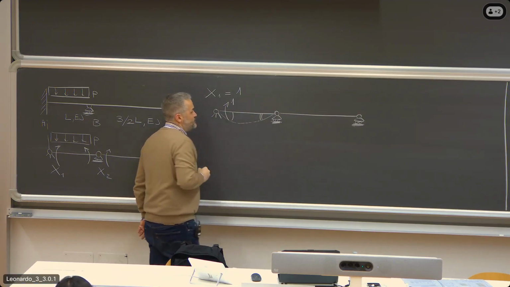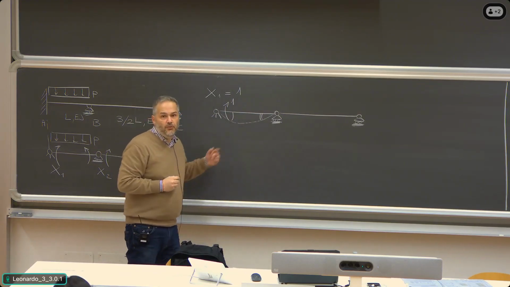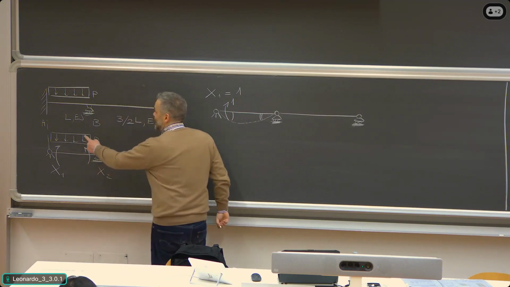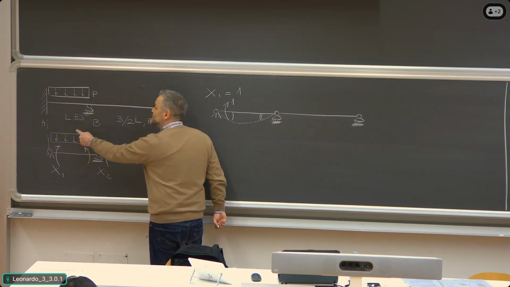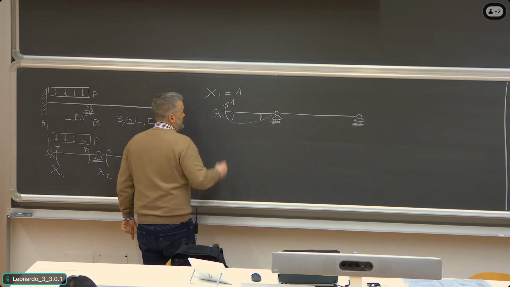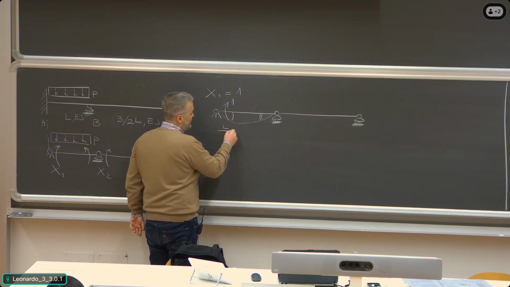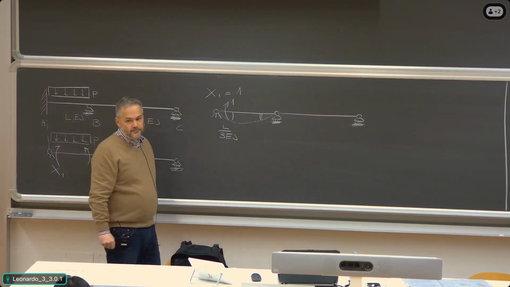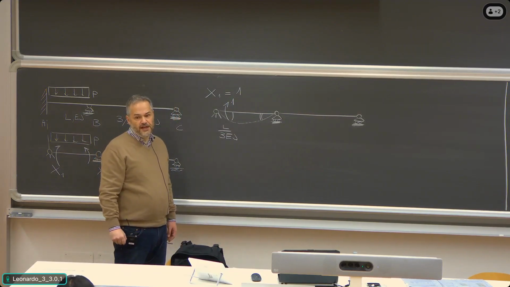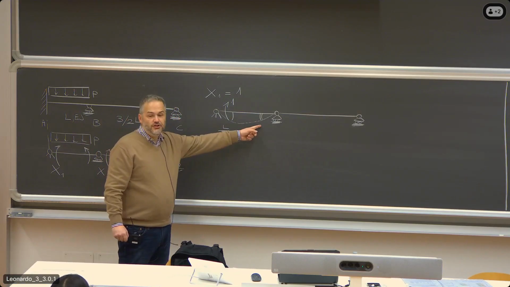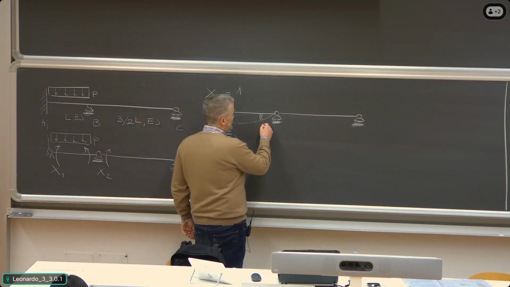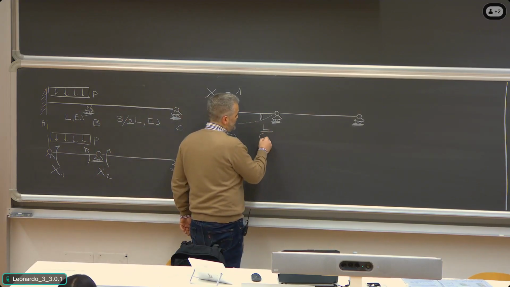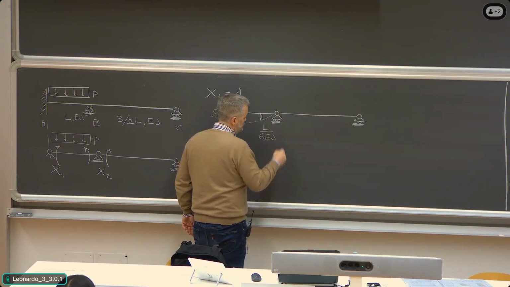If you mark the rotations, their value is, with a length L and the bending stiffness EJ, this rotation is L divided by 3EJ. Rotation at the first end. The rotation at the second end is half as much, L divided by 6EJ.